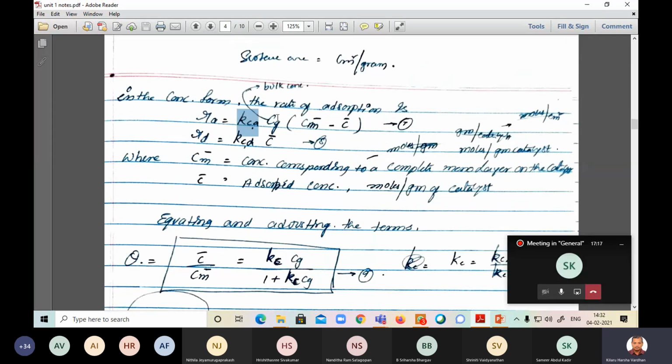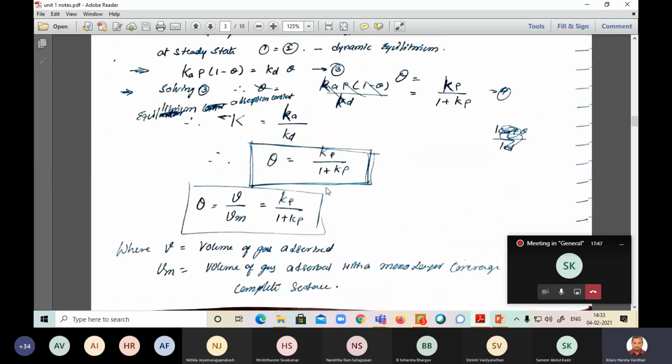Kca is a coefficient, Cg is the concentration, into the fraction of how much is being left. That is, Cm bar is the maximum concentration of a monolayer minus the adsorbed concentration. This is the driving force. So if you write like this, you can write Rd also like this. That is Rd, the desorption rate, is Kcd, a coefficient, into C bar. C bar is nothing but the adsorbed concentration. The same way as what you wrote here.